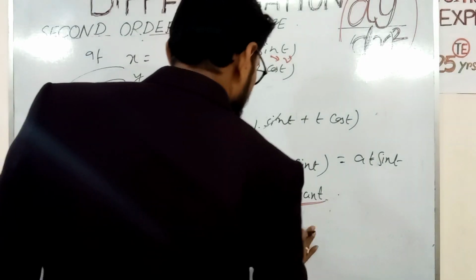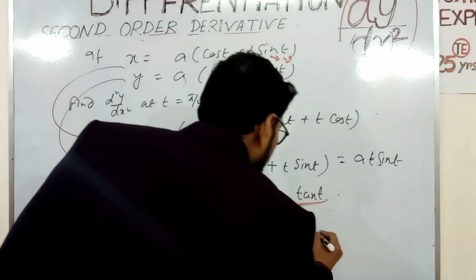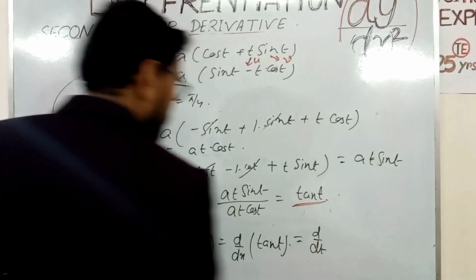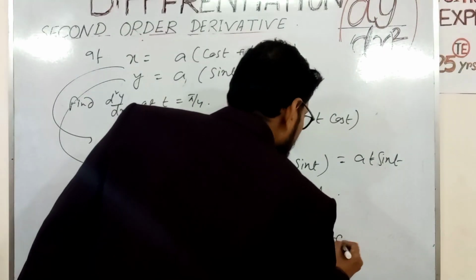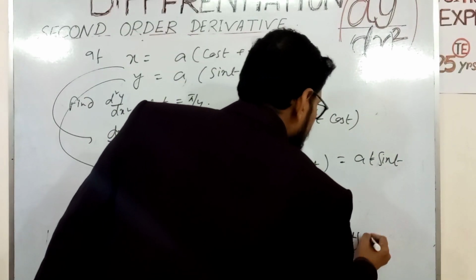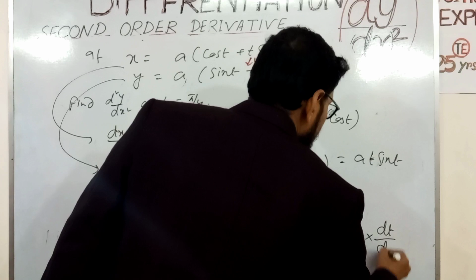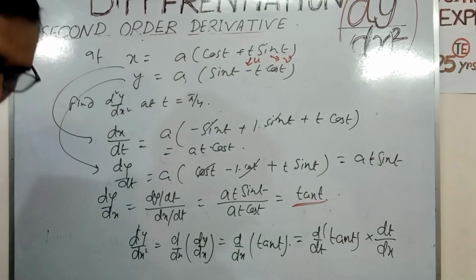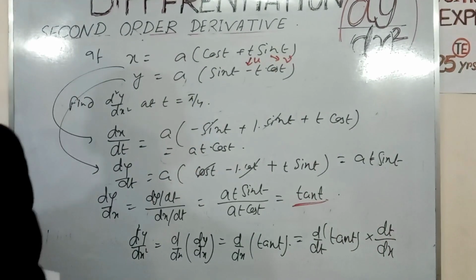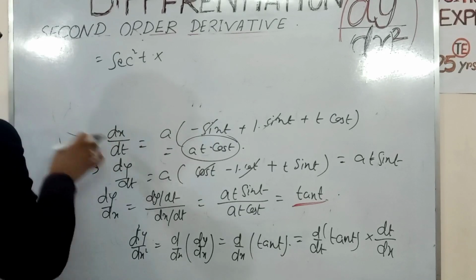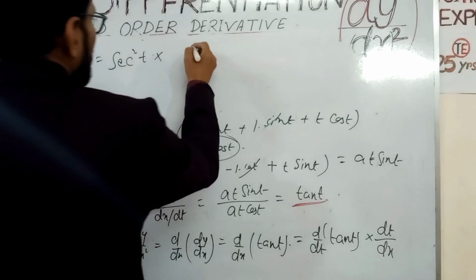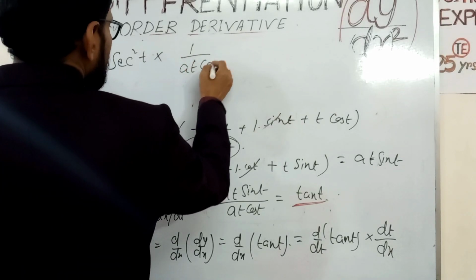So this d by dt of 10t into dt by dx. So derivative of 10t, dx by dt equal to this, so reciprocate this, 1 by a cos t.